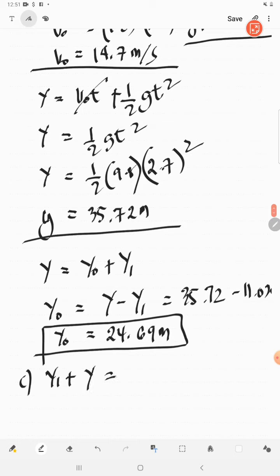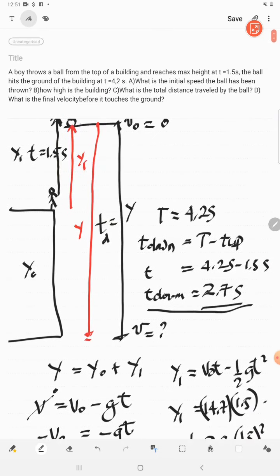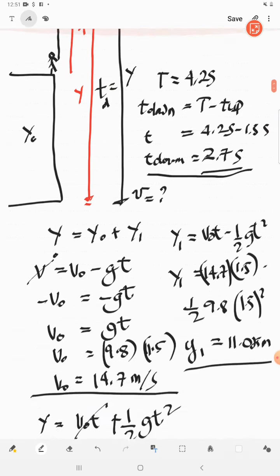So this is simply equal to 24.69 plus 35.72. So the total distance traveled is 60.41 meters. And the last question is to find what is the final velocity before it touches the ground.